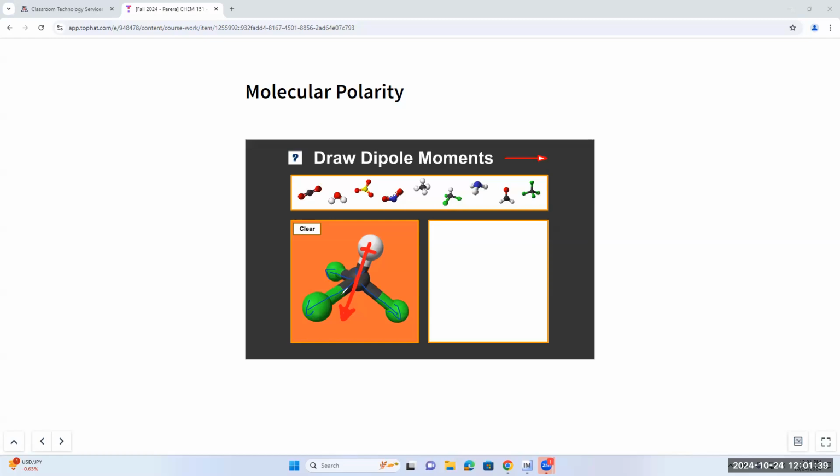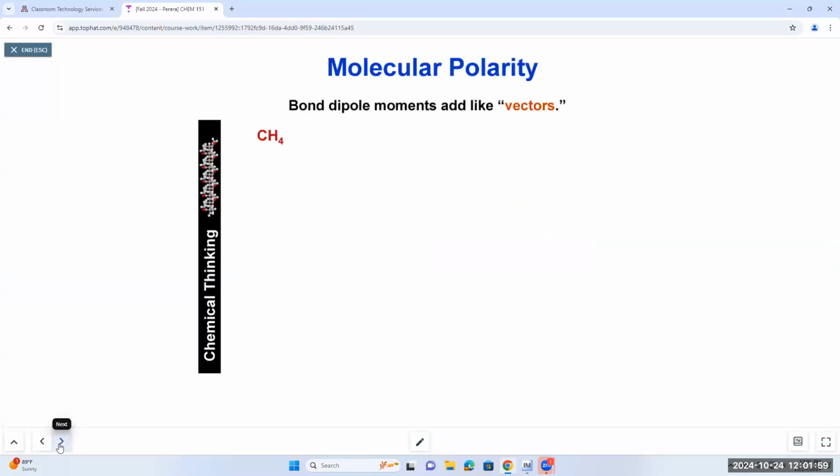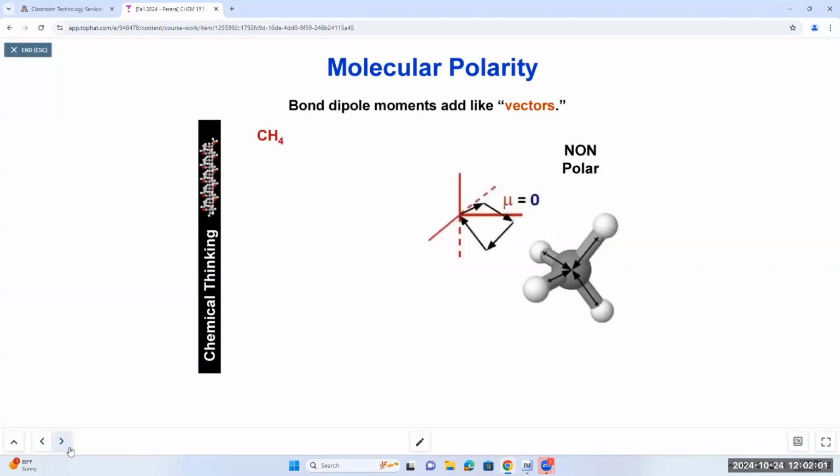As soon as you replace any one of them with any other atom, it's going to become a polar molecule. That's it. Any questions, concerns, comments at this point? I'm going to clear my doodling and point out one other thing. Here's the same thing done in the slide.